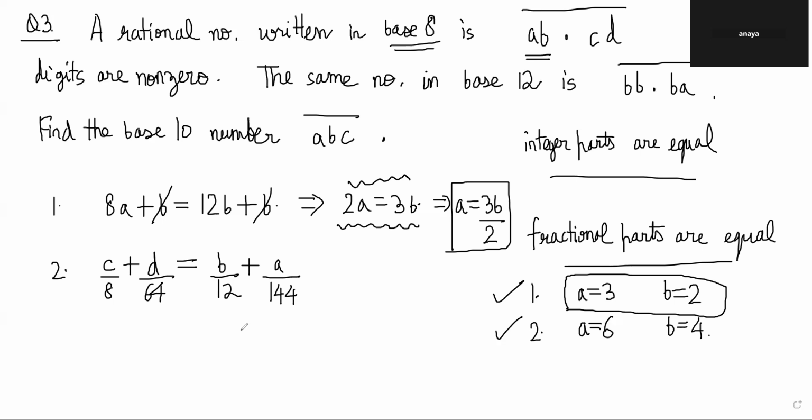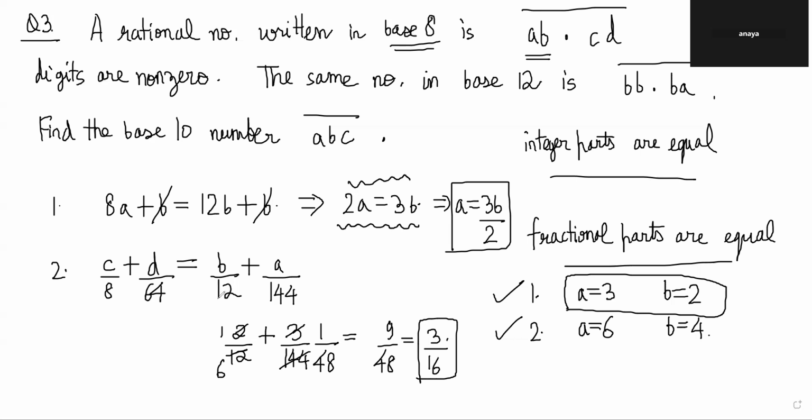B is 2, so 2 by 12 plus 3 by 144. So this becomes 1 by 6 plus 1 by 48, so you're getting 8 by 48 plus 1 by 48, 9 by 48, which is basically 3 by 16. So the right hand side is becoming 3 by 16.